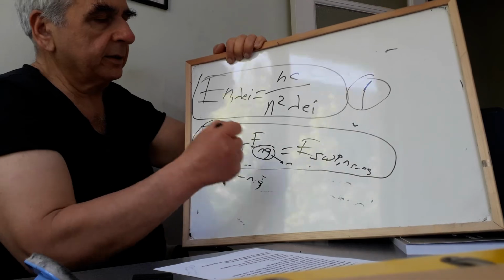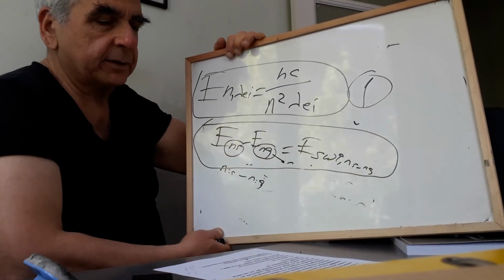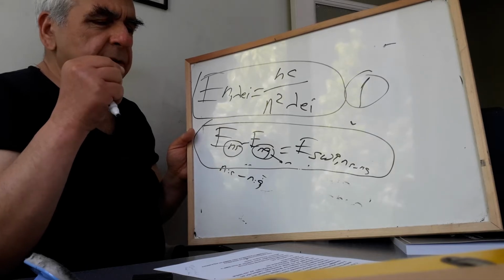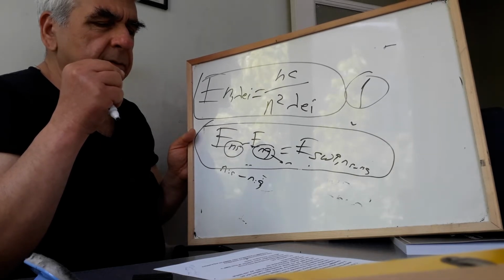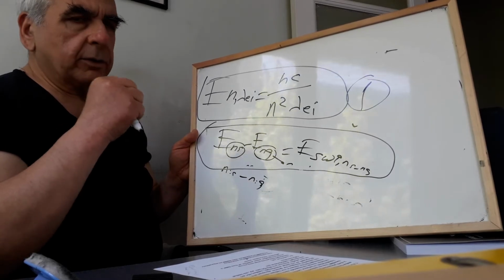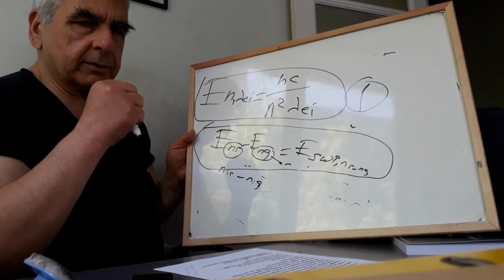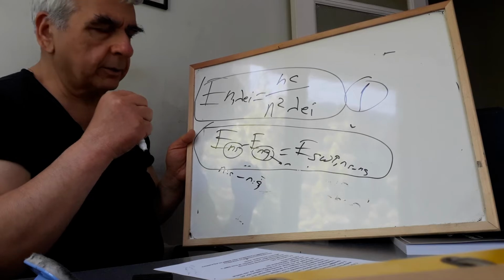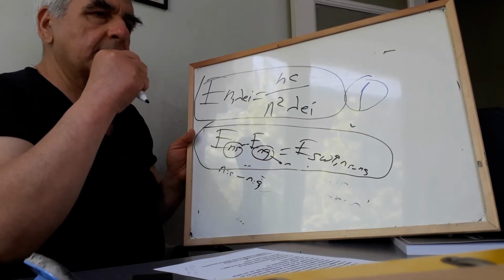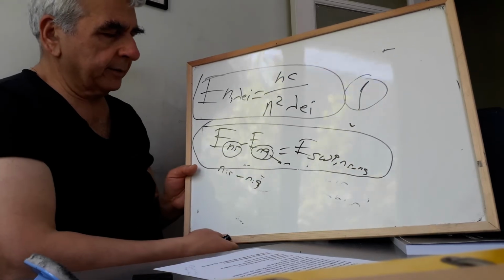This is my another formula, and from this we find representative wavelength of single wave pulse.